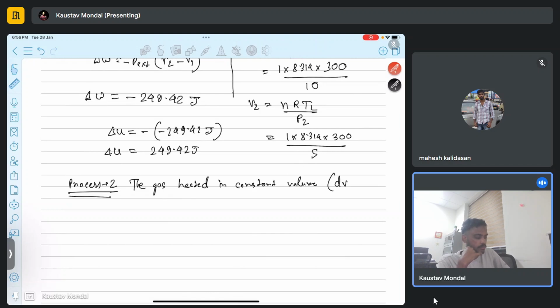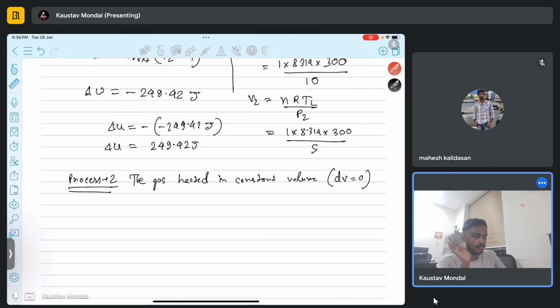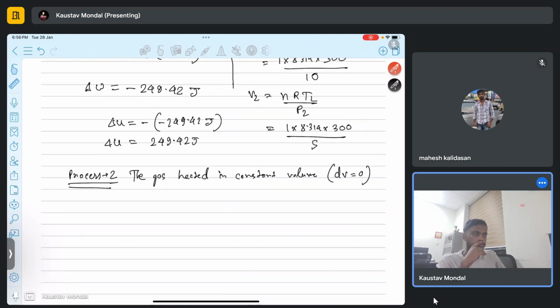So dV will be 0 in this case, so work done will be simply 0. And the pressure changes from 5 atm to 10 atm. Okay, so this is the change in pressure.